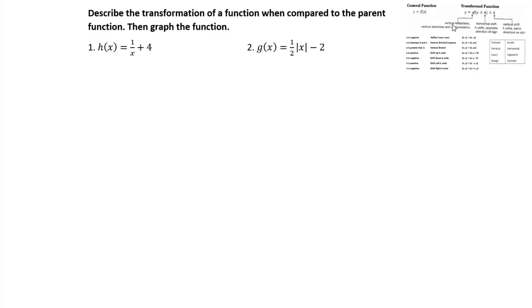All right, so here you can see that we have h of x, which has a +4 outside of the function. So that would be like the k in a transformation. So this transformation would be up 4 units. For a quick sketch, the parent function for a rational looks like this.